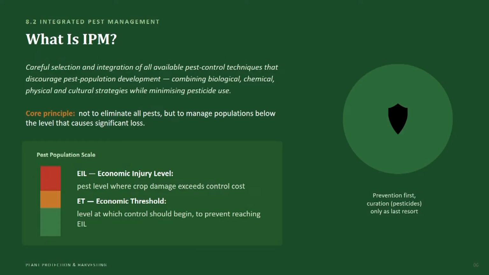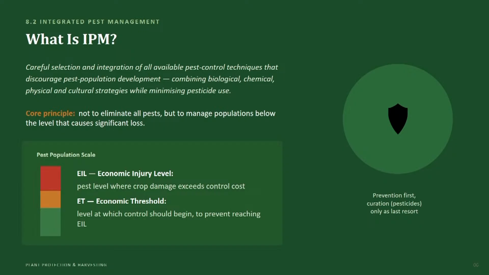Coming to IPM, IPM stands for integrated pest management. So, why do we go for integrated pest management? We all know that chemical pesticides are harmful for the human body as well as our environment. So, if we go for unrestricted use of these chemical pesticides, ultimately it can harm our generation as well as our future generations.